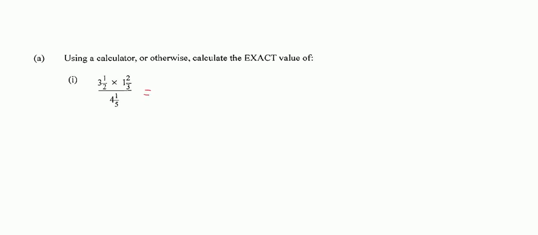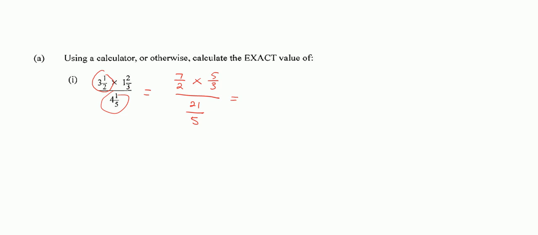So whenever you have something like this, you can simply use the calculator and work it out, or you can, this is 3.5. This can be written as 3 multiplied by 2 plus 1, which is 7 over 2, multiplied by 1 and 2/3 can be written as 1 multiplied by 3 plus 2, that is 5 over 3, divided by 4 and 1/5 can be written as 4 5s are 20 plus 1, which is 21 over 5.